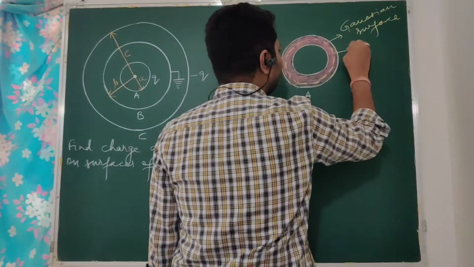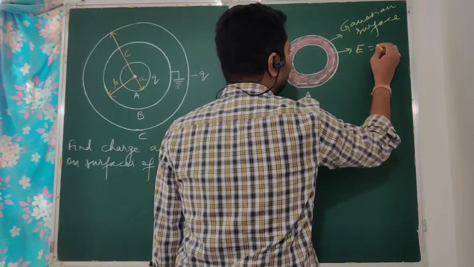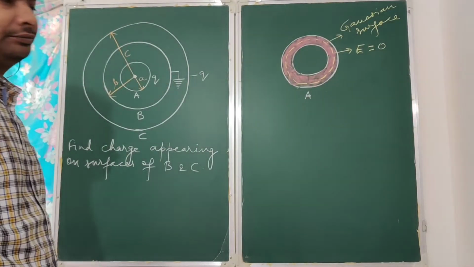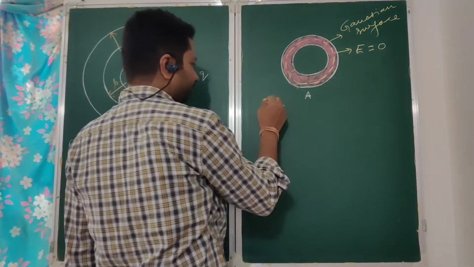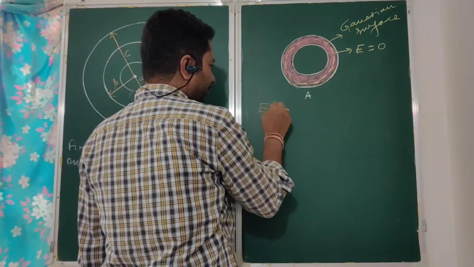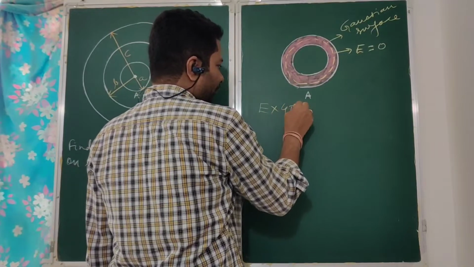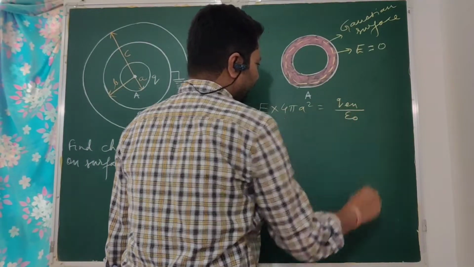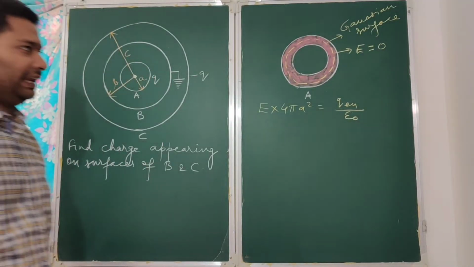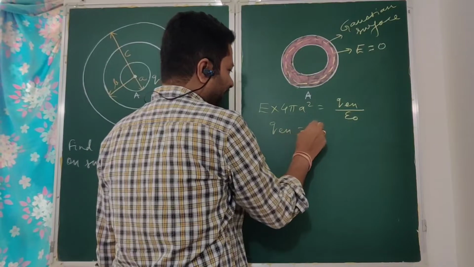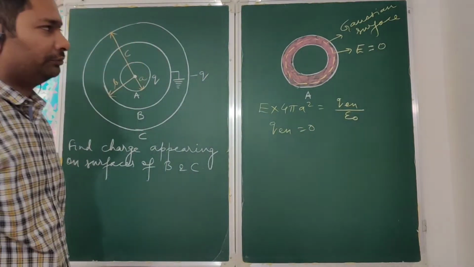What is the electric field at this point? It is lying in the conducting material, so the electric field is 0. By Gauss law, E into 4 pi A square is equal to Q enclosed by epsilon naught. Since the electric field is 0, Q enclosed will be 0.